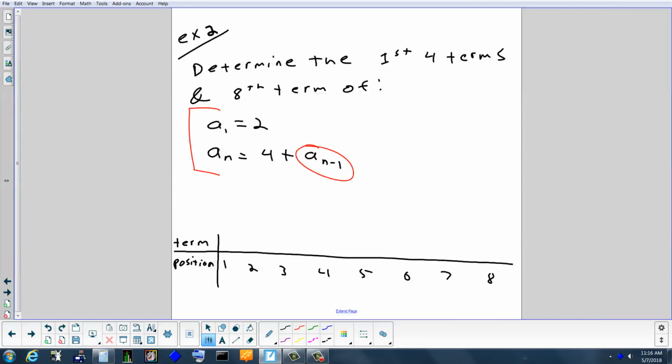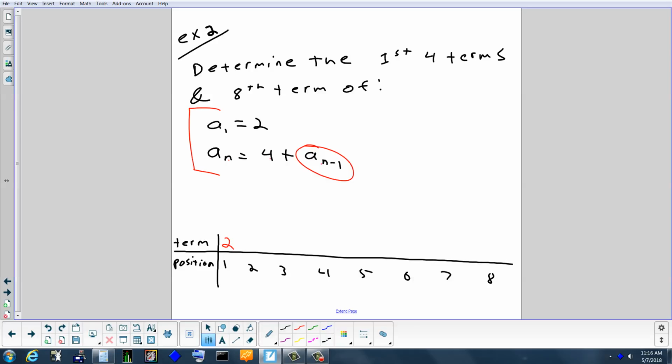They always have to tell you where to start. So the first term is 2. How about Wyatt? What's my next term going to be? 6. Yep. So to find the second term, take 4 plus the one before it.